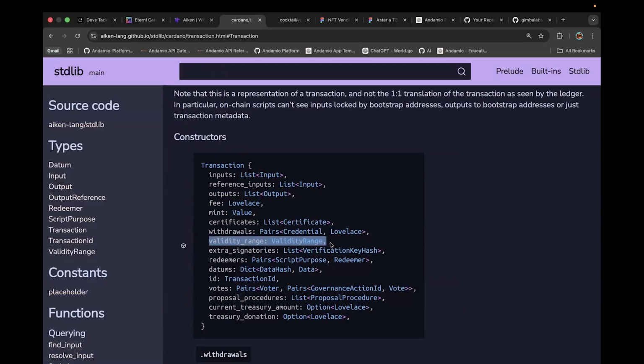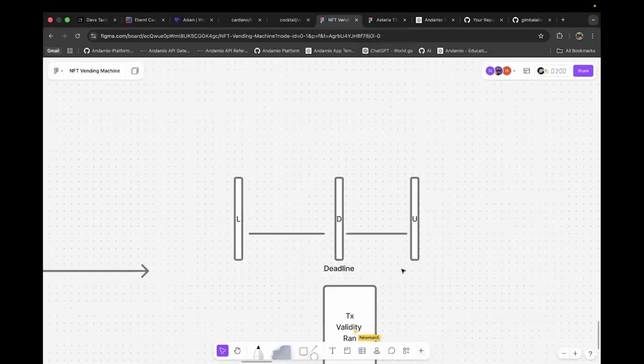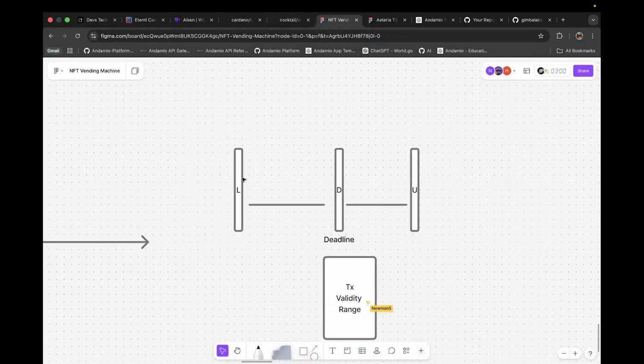I'm just saying, hey, my transaction will be valid between these times if I define it. Okay. Now going back to this, is that where we are getting this upper and lower bound from? From this transaction, right? I think that comes from the validity range.